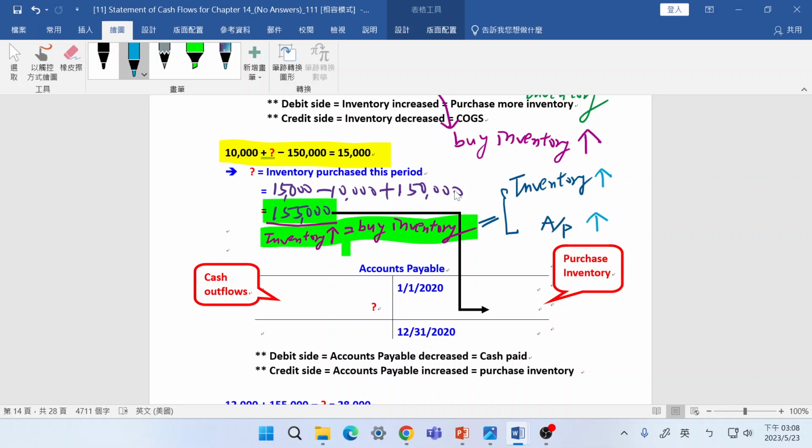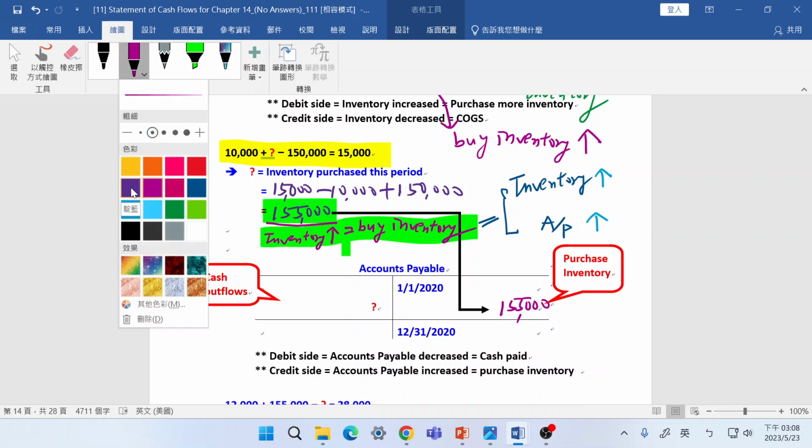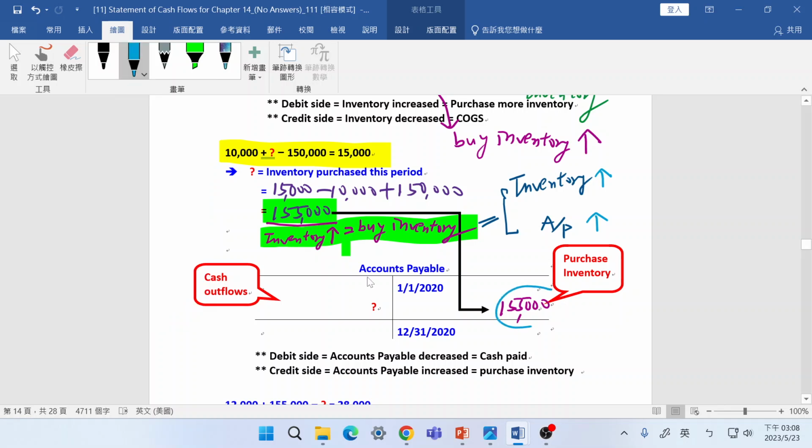How much? $155,000, because you buy the inventory but didn't pay the money yet. Any questions?